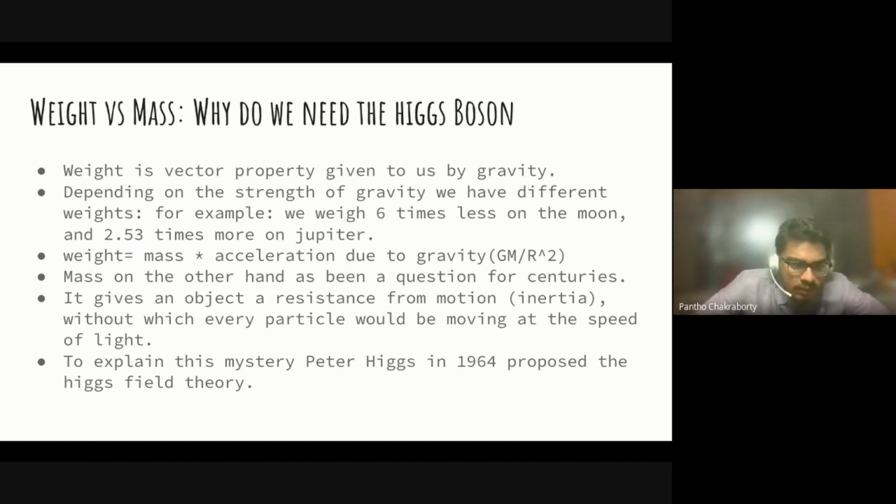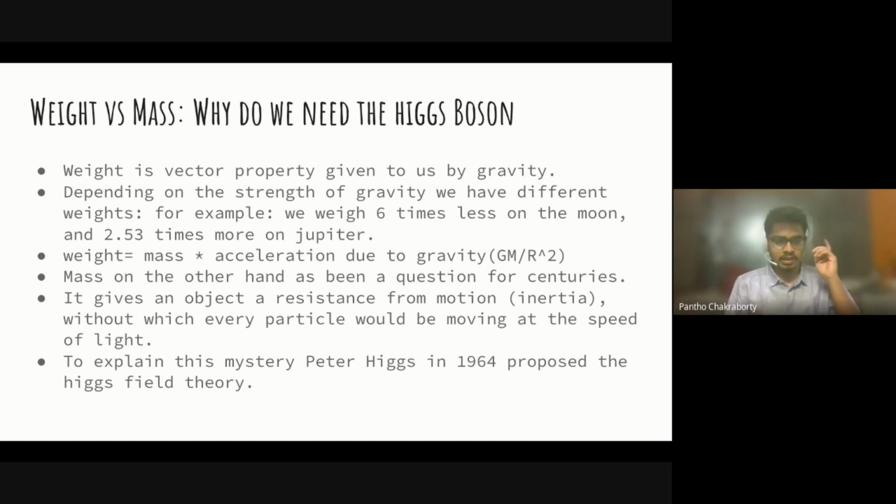So where was I? Mass is a property of an object which gives resistance to motion. That's Newton's first law: if a force is not exerted on an object, that object will not move, or if it's moving with a constant velocity, it will continue at a constant velocity.